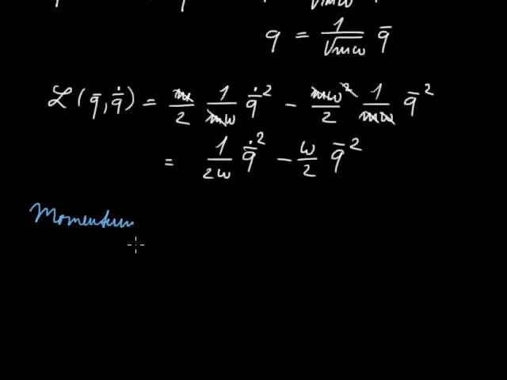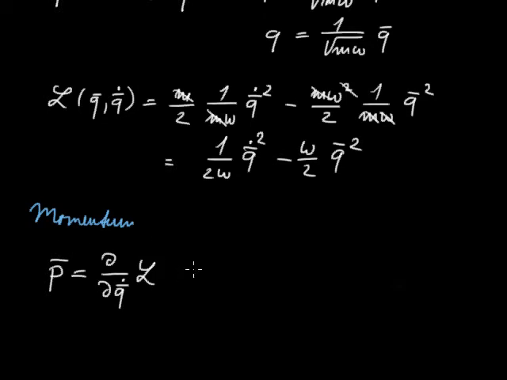That's why I'm showing this. So how do I get the proper conjugated momentum? From theoretical mechanics, it's well known that this is obtained by the derivative of the Lagrangian with respect to q bar dot, the time derivative of the coordinate I'm interested in. I have to take the partial derivative of the Lagrangian by this, and that gives me the corresponding p, which is now p bar.